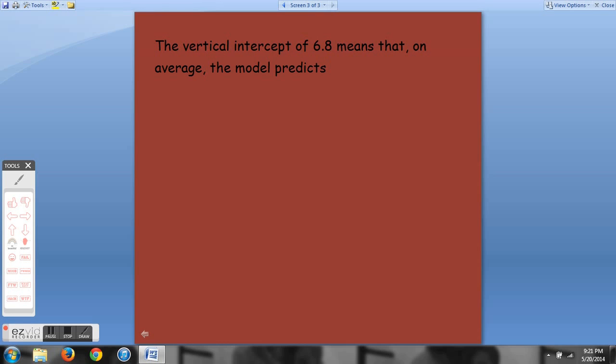Which is pretty simple, but you would word it as: the vertical intercept of 6.8 means that on average the model predicts that fat in the sandwiches to be about 6.8 grams, having 0 grams of protein.